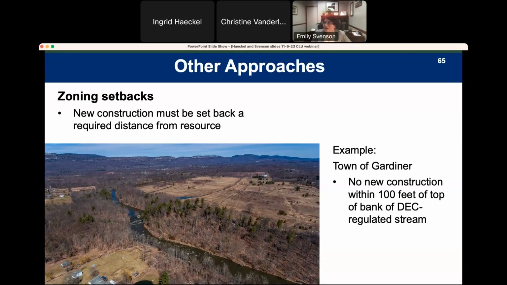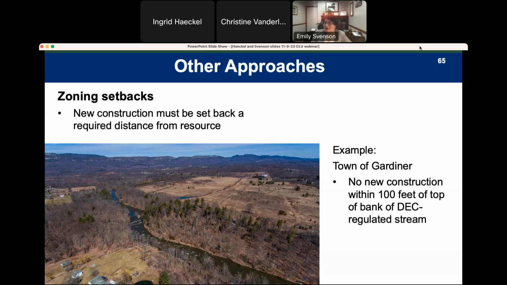And what the town of Gardner had, and I think they're in the process of changing this, is a rule in their code that said for state regulated streams, we're adding an extra 100-foot setback from the top of the bank.